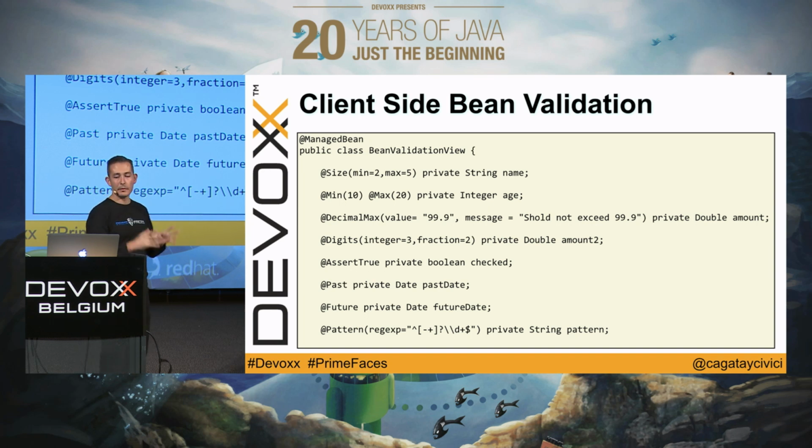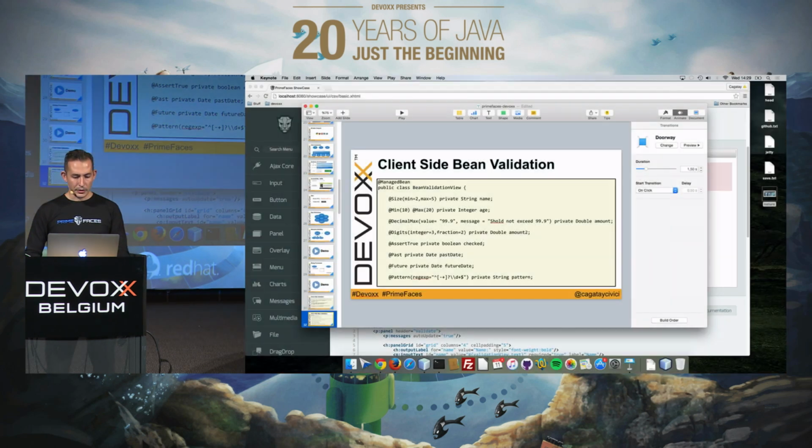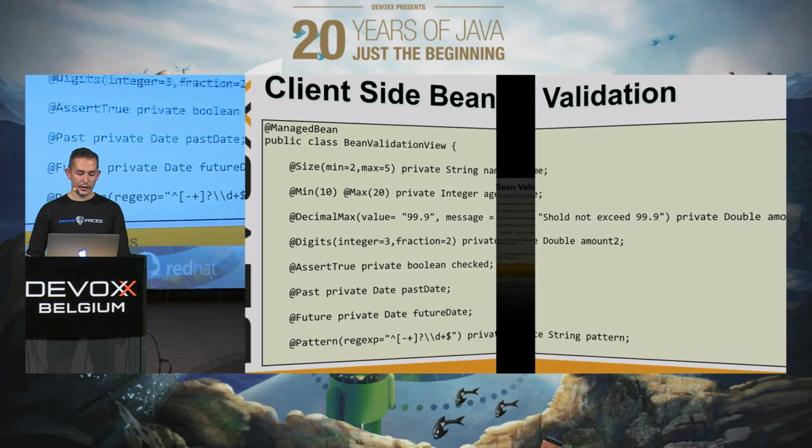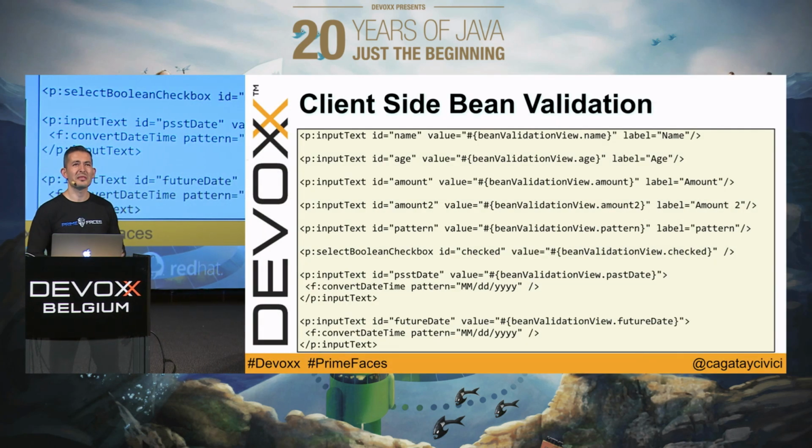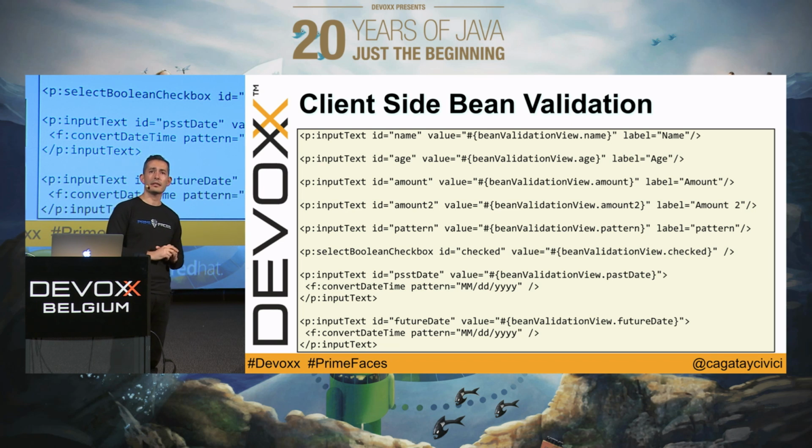So that name should be a minimum of 2 and 5, and that past date should be before now, and you can have regular expressions and so on as well. So in that case, the page is simpler, right? Because you don't need to have any JSF related tag. So what we do is that we get that data, parse the annotations, and send them to the client side with HTML5 data attributes.